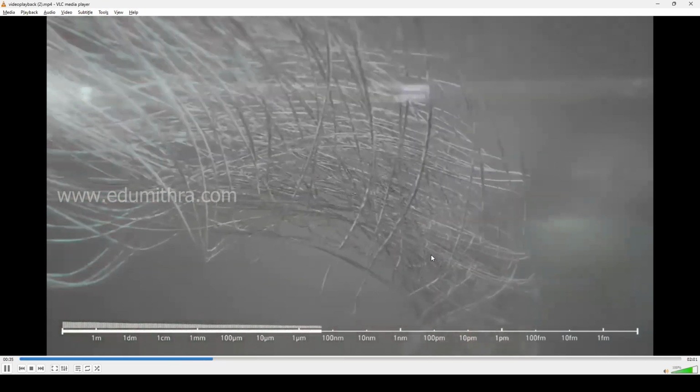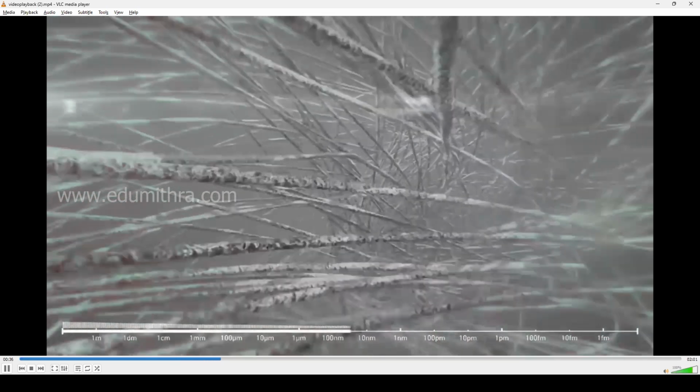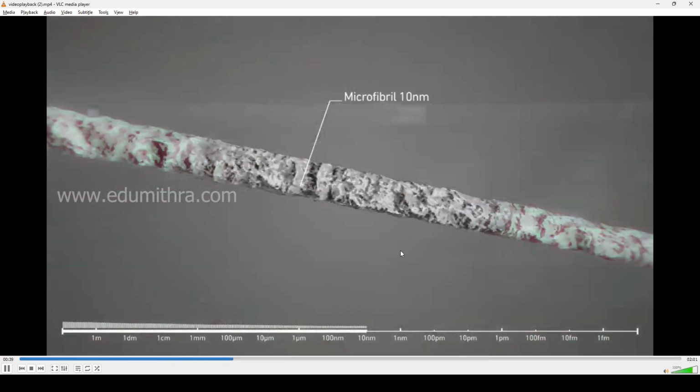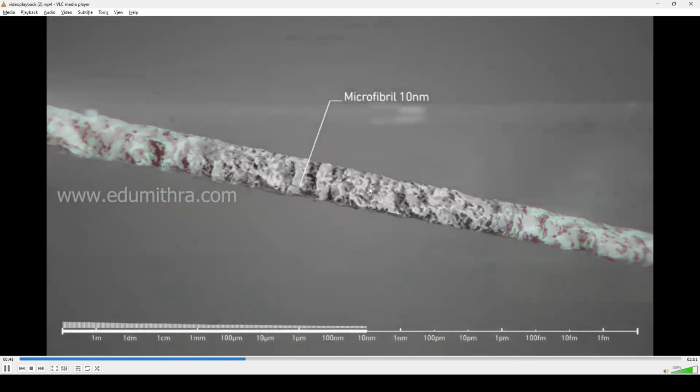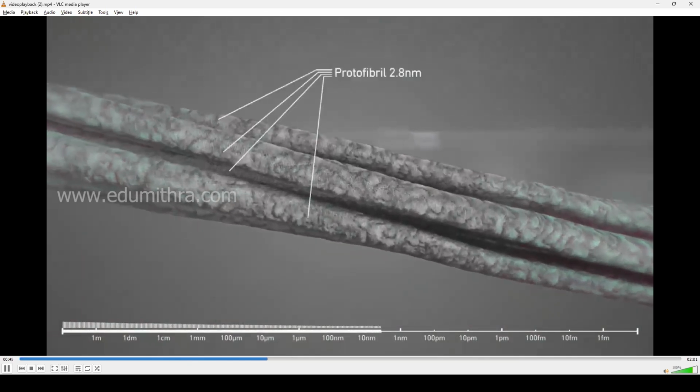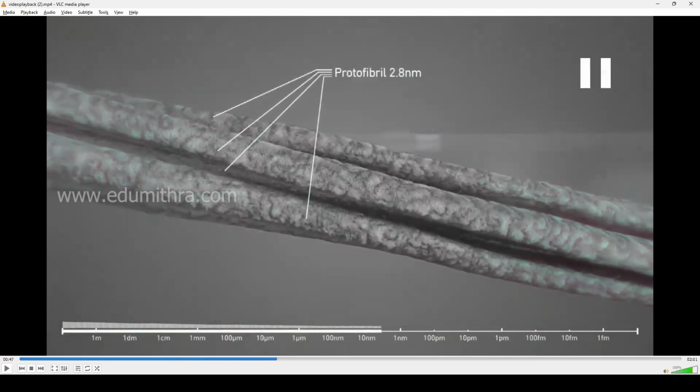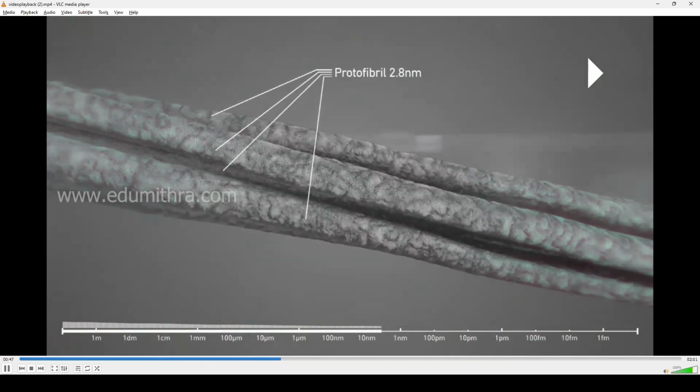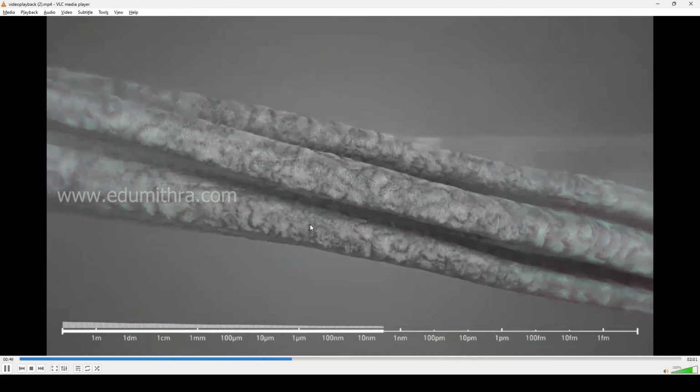I don't know these things actually, these are some biology things. Then you can see again small strands inside that, and if you zoom in again, still what we are doing is actually zooming into a hair strand, and again we can go into that.